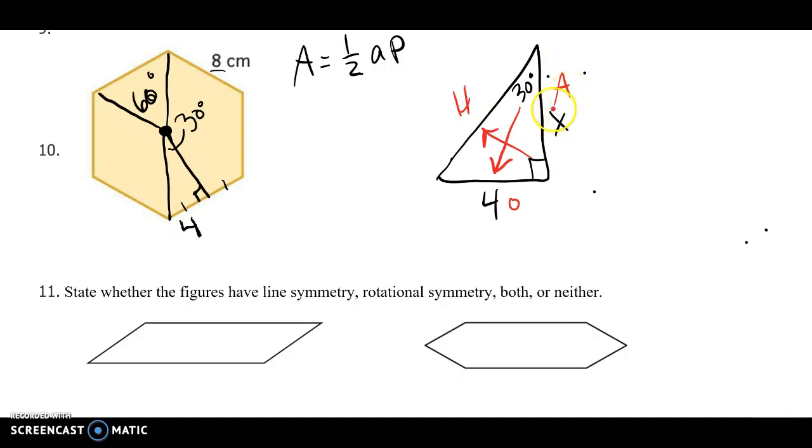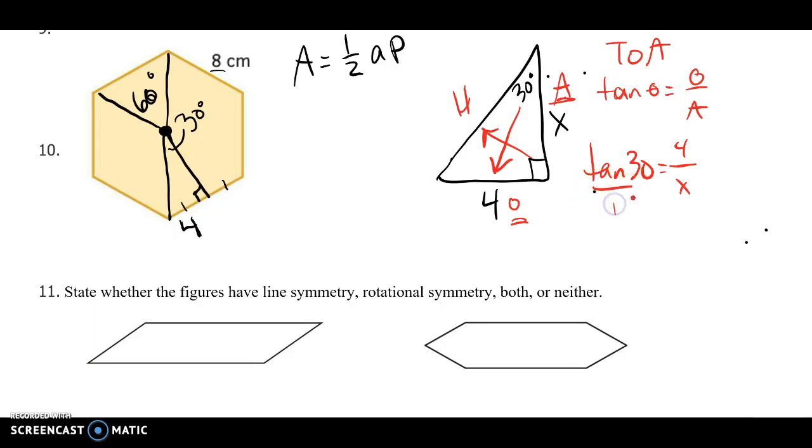So we're going to use the trig function that uses adjacent and opposite, and that's TOA, right? TOA, or tangent. So tangent of theta equals opposite over adjacent. Okay, well, theta is just always our angle, so it's tan of 30 equals, and now opposite is 4, adjacent is x. Okay, so we can put this guy over 1, do our cross multiplication, right?